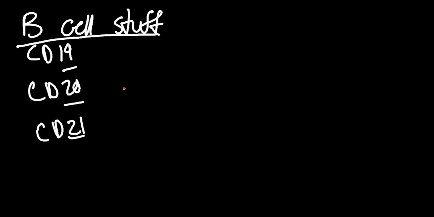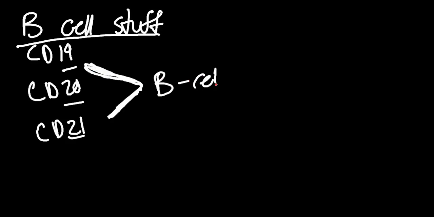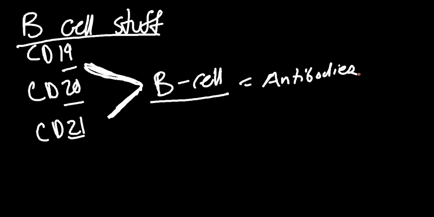This makes it really easy. These relate to things like Epstein-Barr virus, not as important right now. I just want to point out this all means B cell. When you see CD19, CD20 and 21, you want to think B cell. B cells secrete antibodies. That's about all I want to go into that.